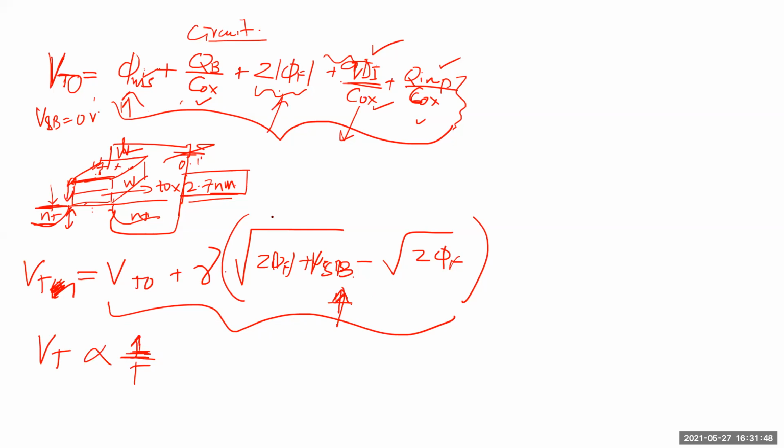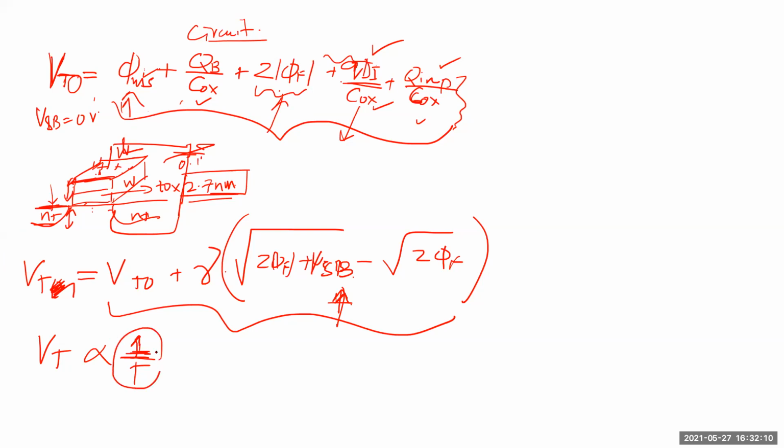Your COX doesn't change a whole lot, very slightly, but mostly the doping changes. Because of your free carriers, your work function also changes, which is also a function of temperature. So there's a dependence on temperature and all these process parameters.